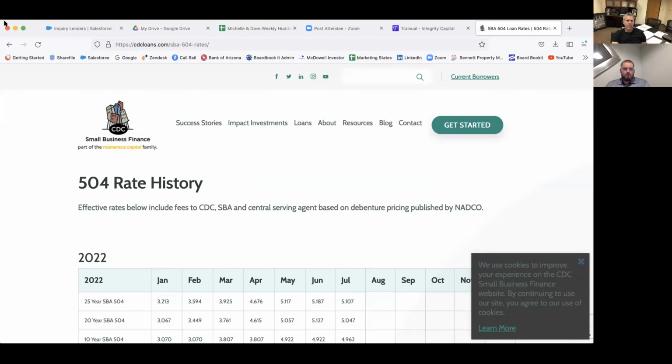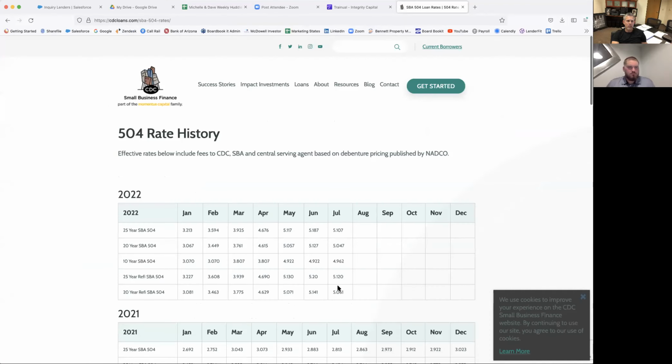And those rates are registered daily, online, and I'll just show you so you can see it. You see that? Yes. So you'd see today in July, 25-year fixed, 5.107.